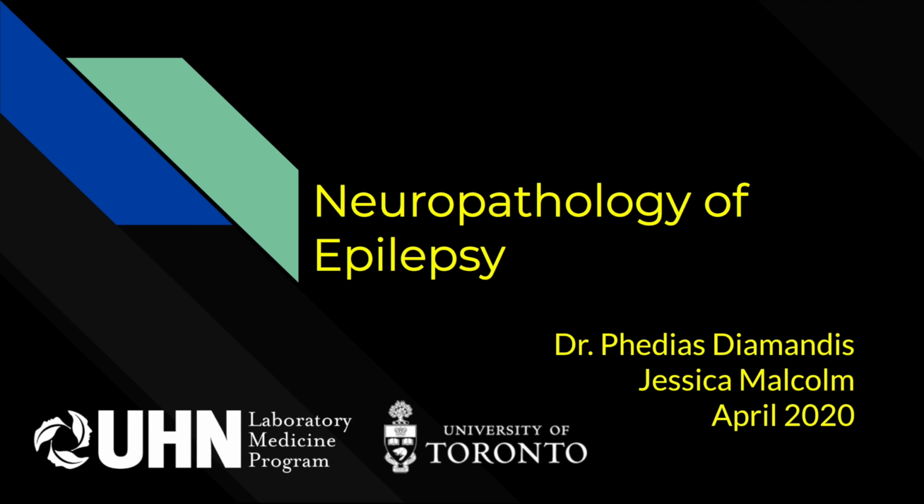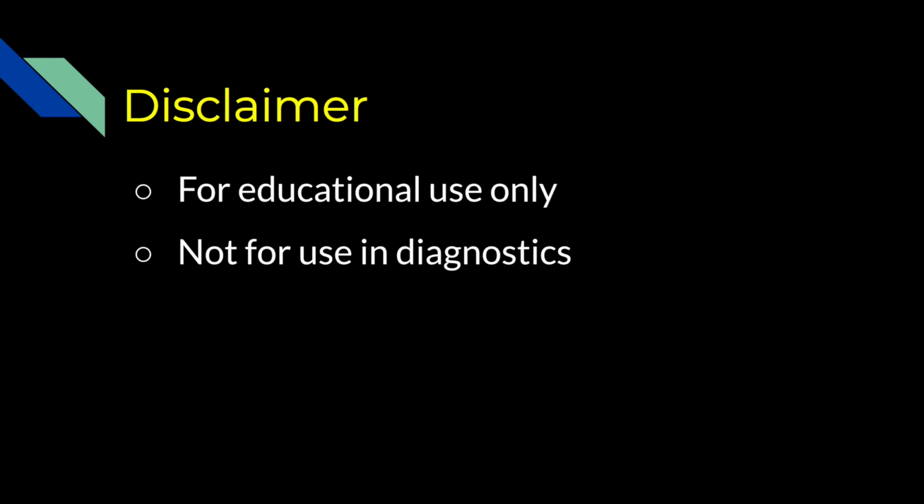I want to acknowledge her for all her help in preparing this. Of course, again, this is just for educational purposes and really not meant to be for diagnostic use. We're more interested in the concepts and the theory to help us remember some of these important principles of brain development, neuroanatomy, and neuropathology.